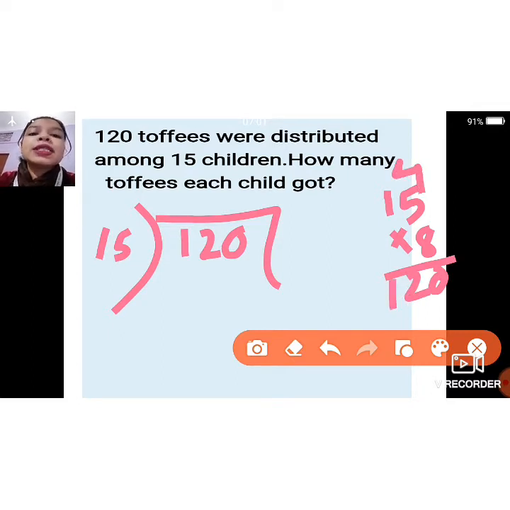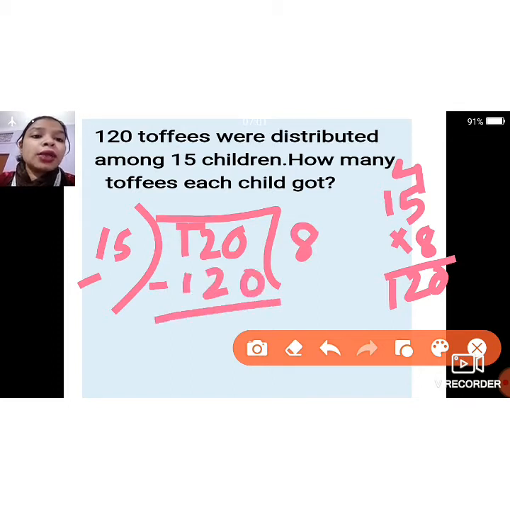So 120 is exactly divisible by 15. Now we cannot take 12 because 12 is smaller than 15. When we divide a number, we should take a number exactly equal to the divisor or bigger than the divisor. Now here 15 into 8 is exactly 120. Alright, so each child will get 8 toffees.